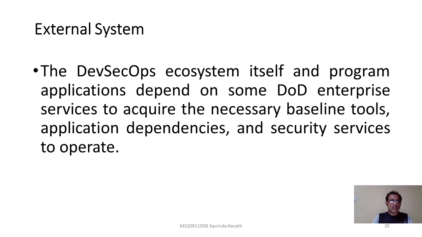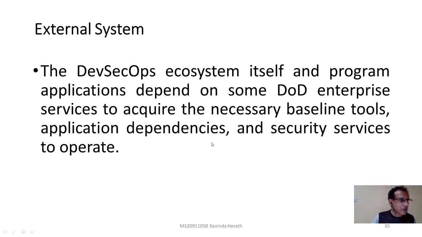The external and internal systems should both be as I mentioned. The DevOps ecosystem itself and the program applications depend on some DoD enterprise services to acquire the necessary baseline tools, applications, dependencies, and security services.